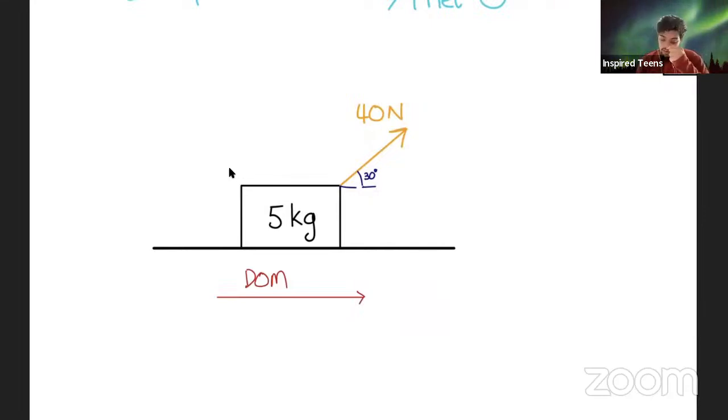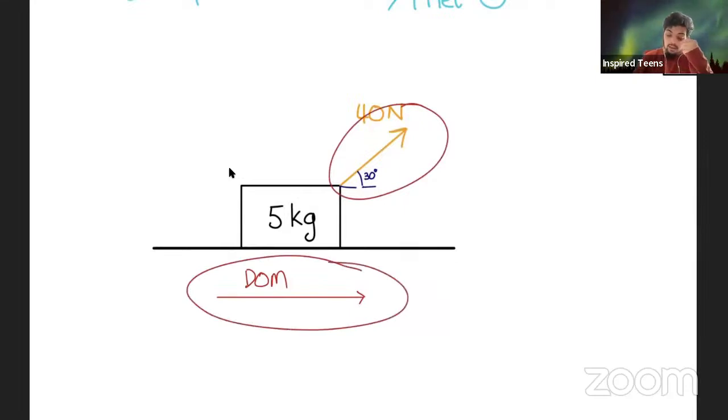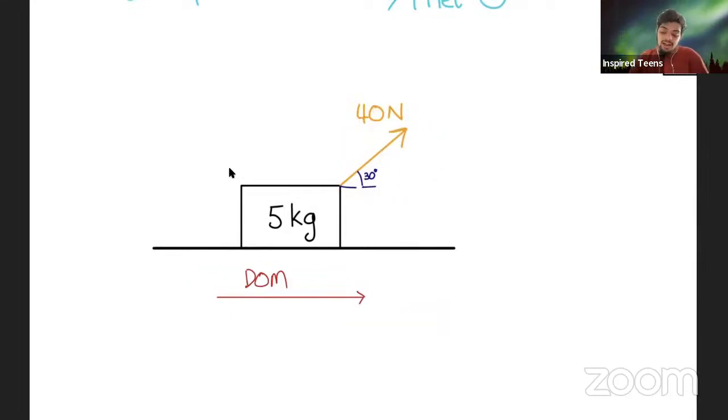If you ask yourself the question, is the direction of the force in the same direction as the direction of motion? The answer would be no, because the direction of this force is 30 degrees from the horizontal. So we cannot call this a parallel force, because in order for it to be a parallel force, it would need to be in the same direction or in the direct opposite direction.